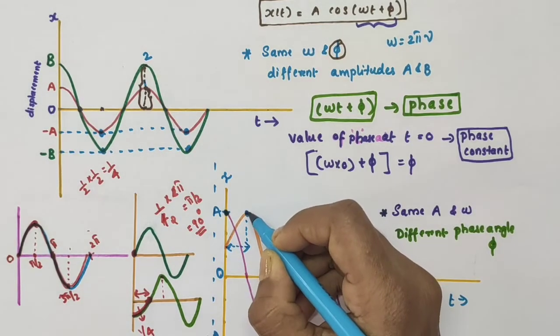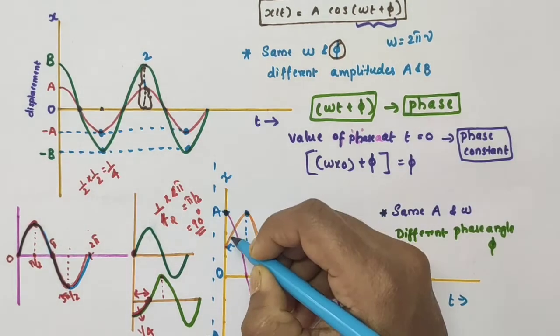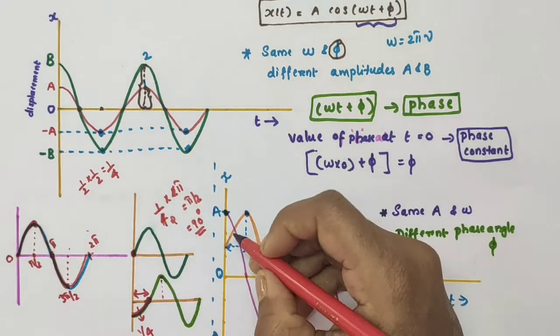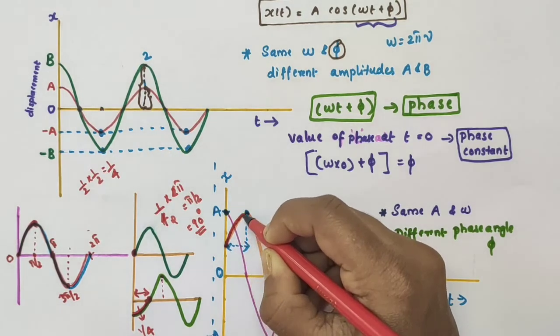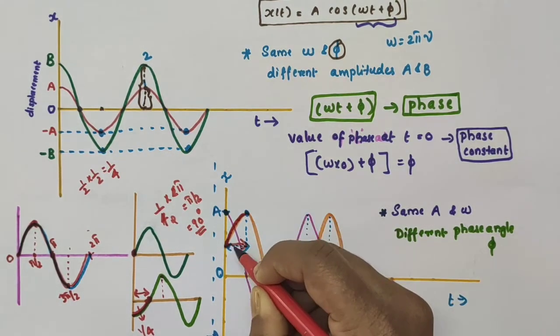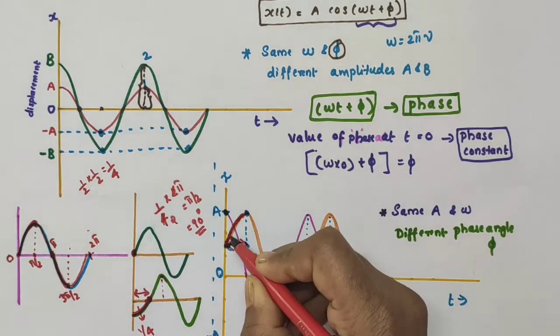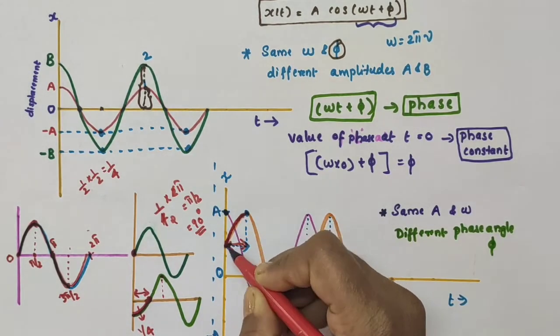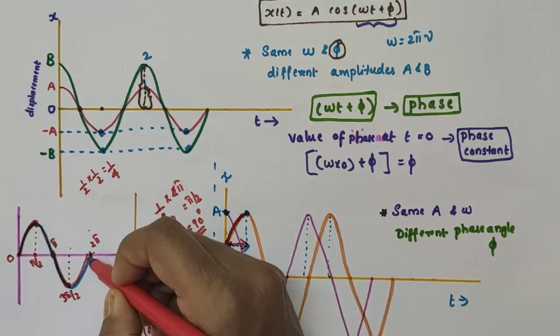That is, this orange colored wave is shifted by this much. This is actually 1 by 8th of a full wave. This is a full wave.